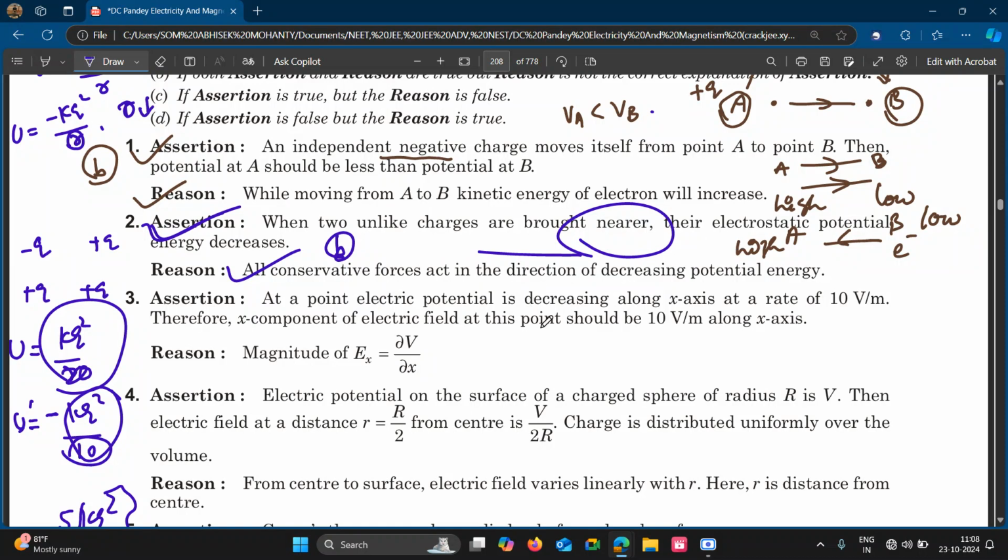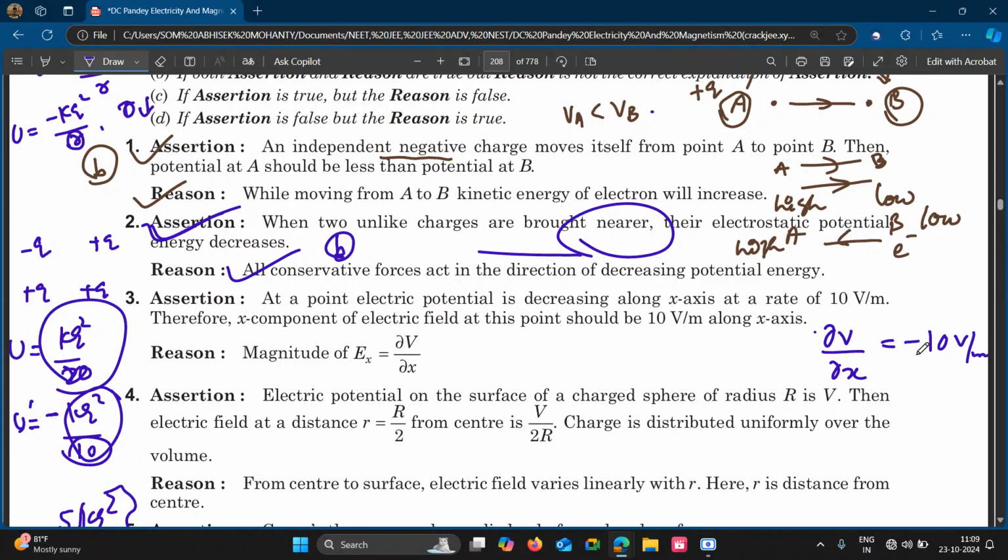Next question is: at a point, electric potential is decreasing along x-axis at a rate of 10 volt per meter. So along x-axis it is decreasing. Therefore, del v by del x is decreasing at a rate of 10, that means minus 10 volt per meter, right?